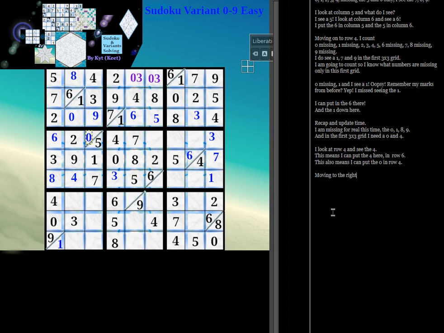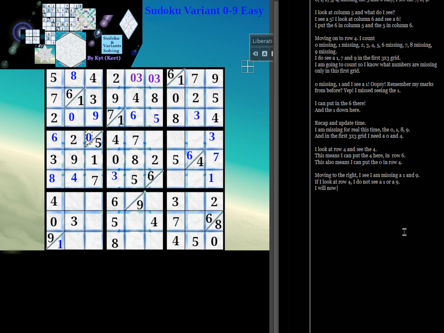Moving to the right, I see I am missing a 1 and 9. If I look at row 4, I do not see a 1 or a 9.